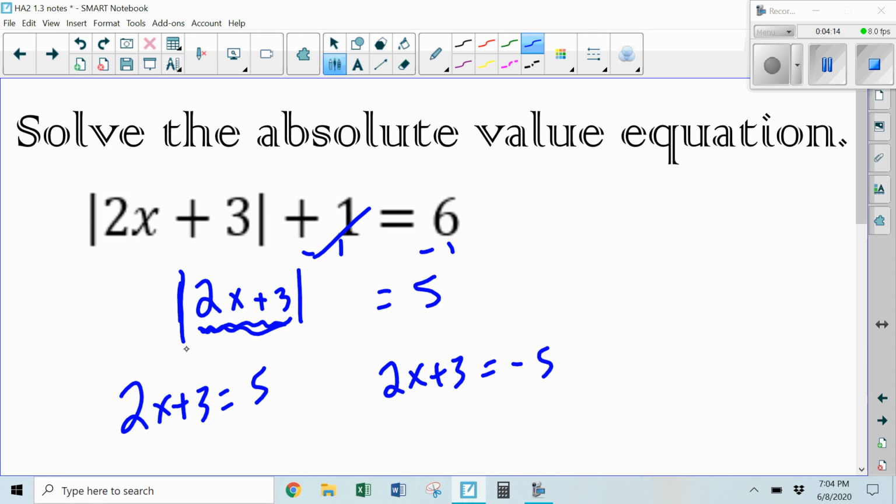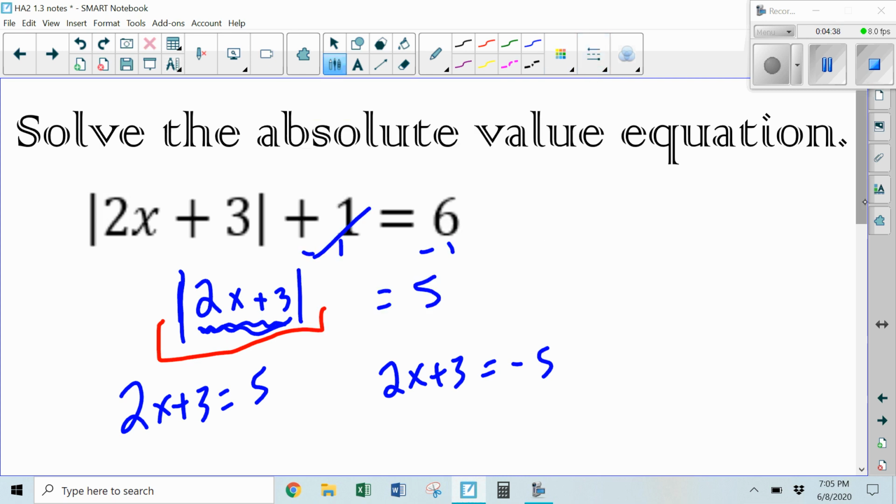So once you have this isolated, once the only thing you have on one side of the equal sign is the absolute value, then you're going to actually apply the meaning, which means distance to 0. So this has a distance of 5, so I could be at 5 or negative 5. Notice that's when I drop the absolute value bars, because I've said that it could be at 5 or negative 5.